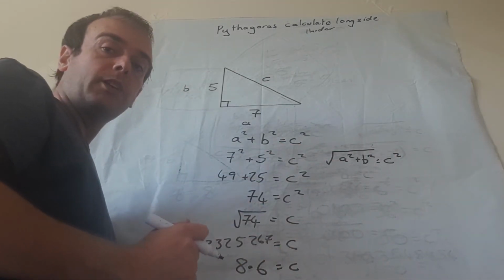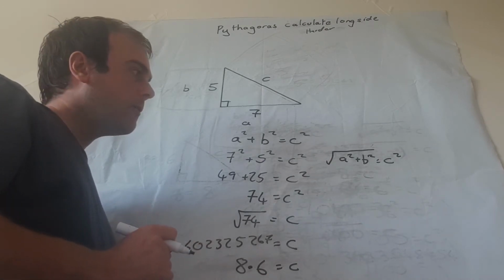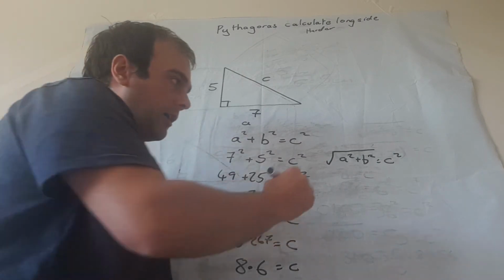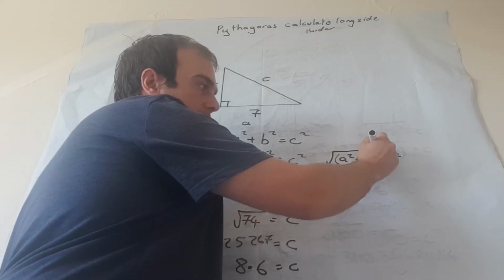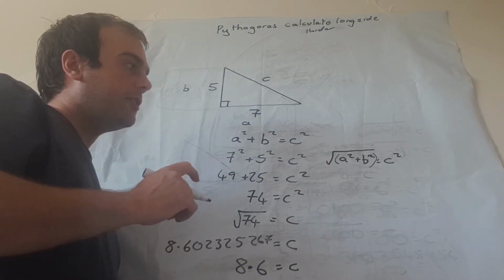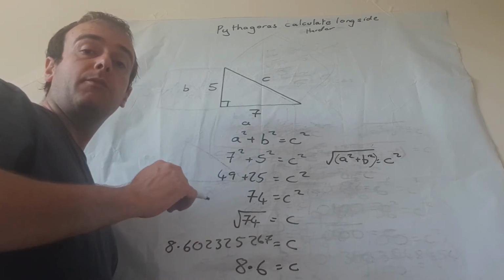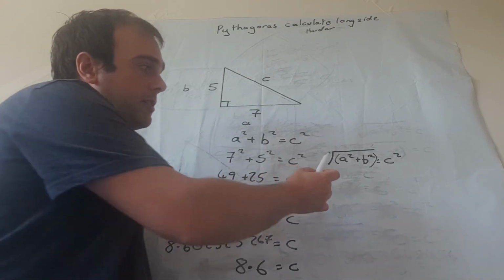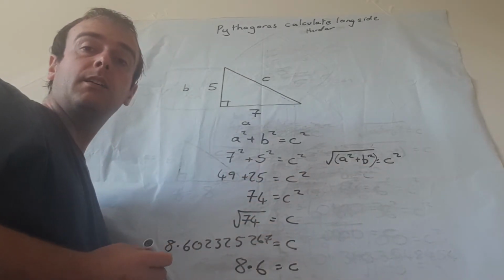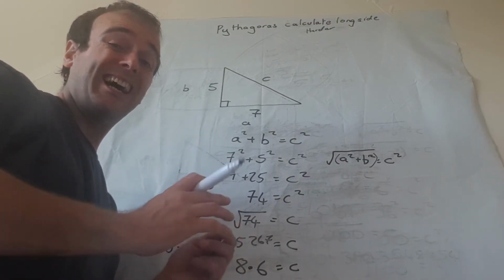If you've got a reasonably good scientific calculator, like one of the ones we recommend, you can press your square root button. I would personally suggest that you put brackets around it, but not always essential. You do A squared plus B squared, close your bracket. If you've got one of the newer models, this square root symbol will go all the way across the top of your bracket as well, so you know that everything within that bracket is going to be square rooted at the end.